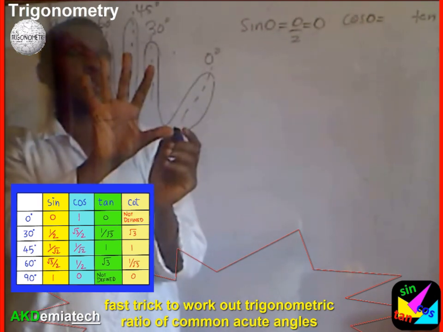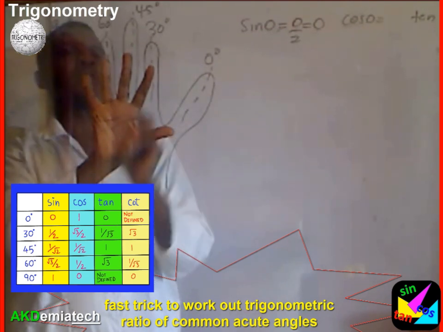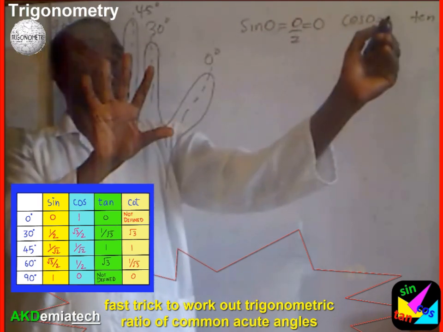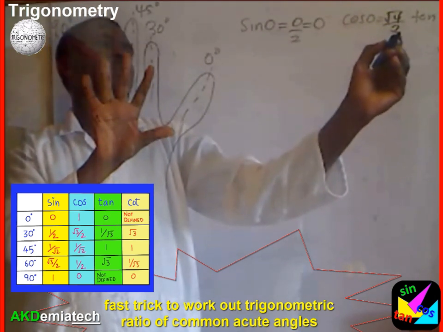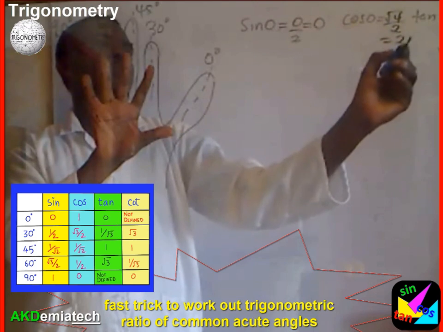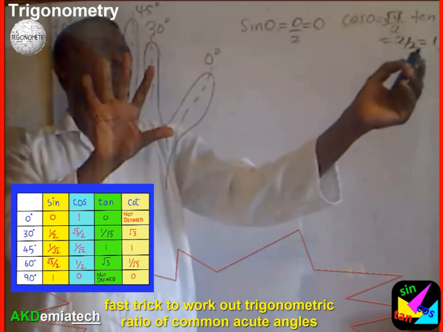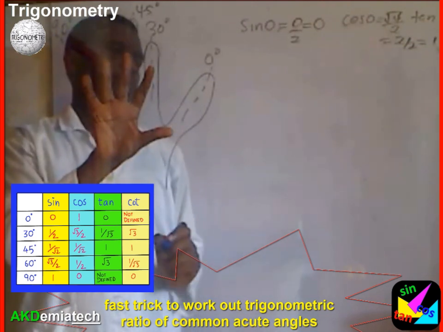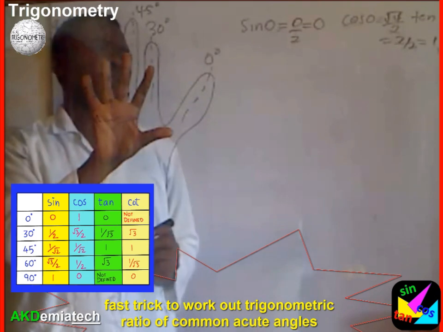I take the number of fingers behind this finger here. 1, 2, 3, 4. That is square root of 4 divided by 2. This will give us 2 all over 2 equals 1. Cos 0 is equal to 1. And from these two we can easily get tan.